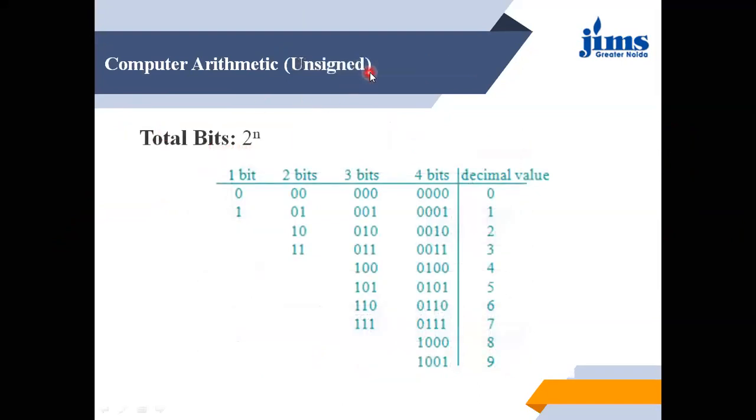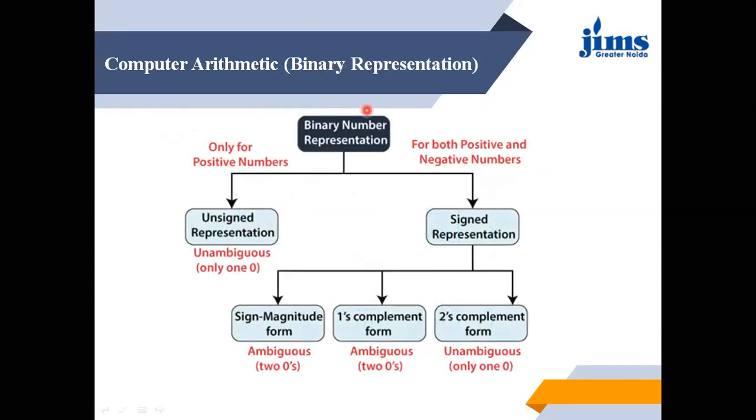First one is the unsigned form. Over here, the first one is signed magnitude form, and before this we divide these binary numbers into unsigned and signed representation, and unsigned means positive numbers.